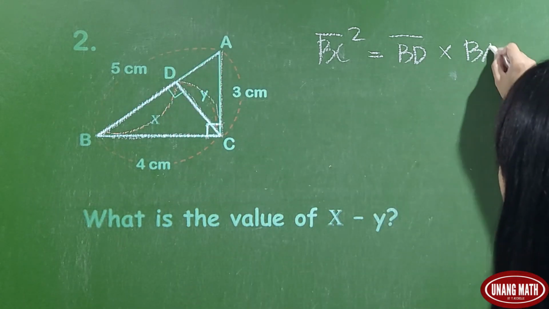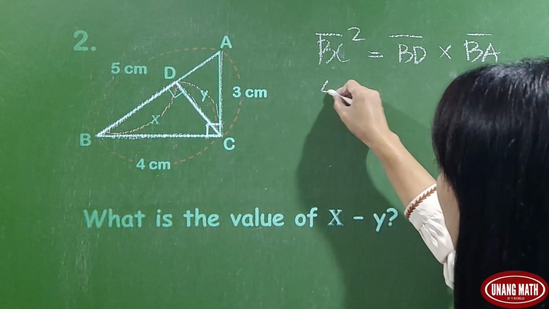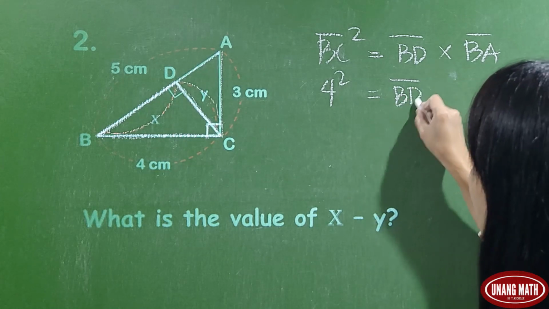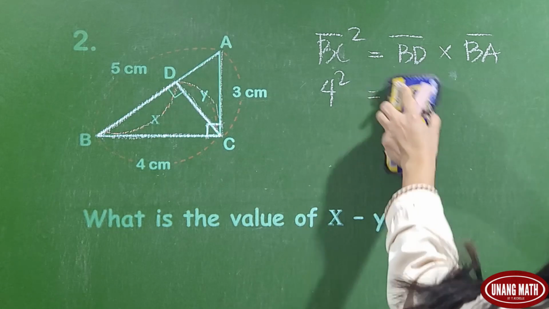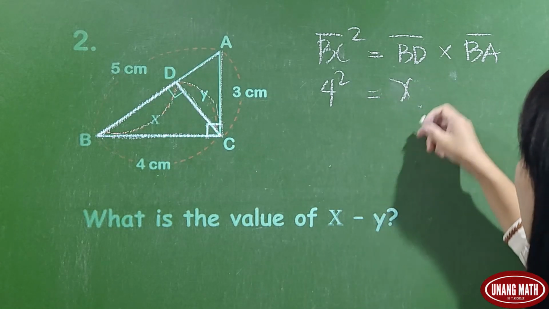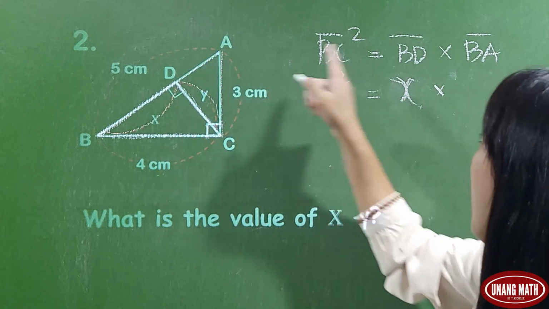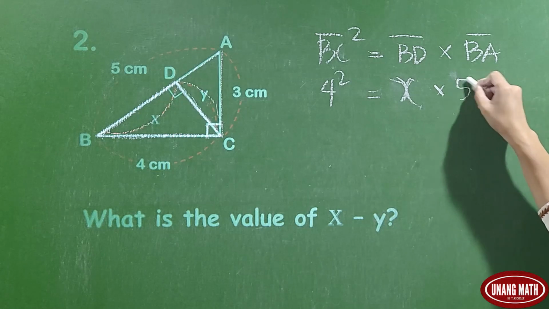So times segment BA. BC is 4 centimeters. 4 squared is equal to segment BD. Let's use x. So this is equal to x times what would be the length of BA? It's given that is 5 centimeters. So we have times 5.